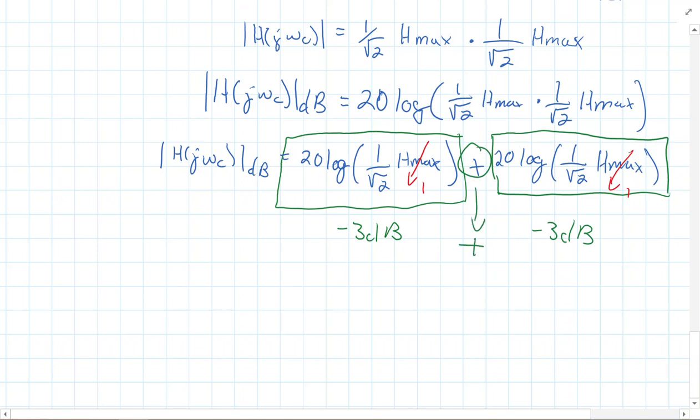We're adding those together. So we're getting here that at omega c equaling 1 over RC, we are at the minus 6 dB point.